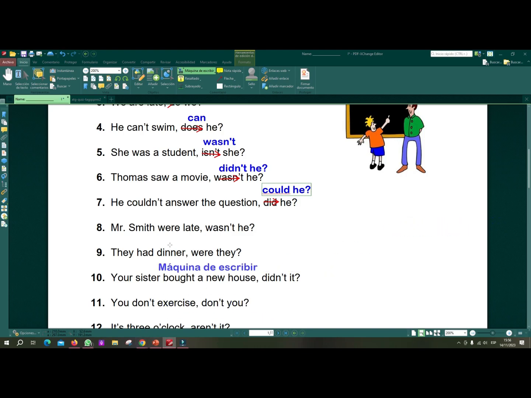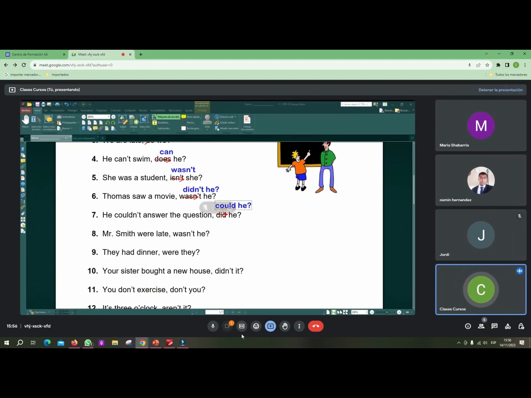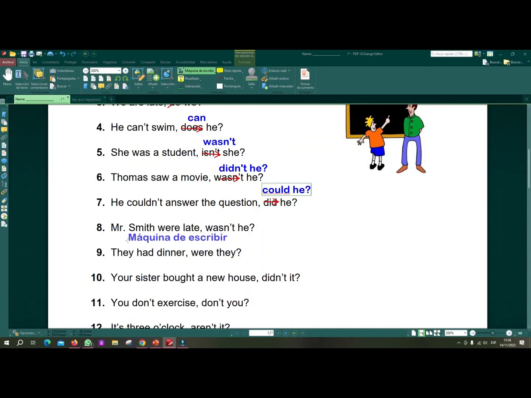Which could be the mistake, Mr. Jordi? Where? Yes, where, right? Subject here, Mr. Smith, right? So, in this case, you know that you have to use, right? Was. So, Mr. Smith was late, wasn't he?